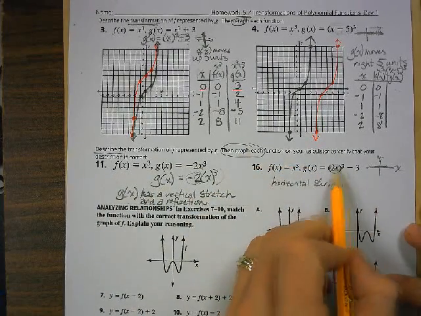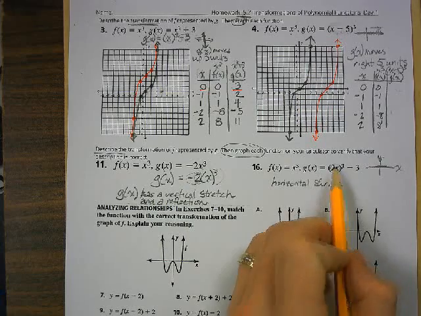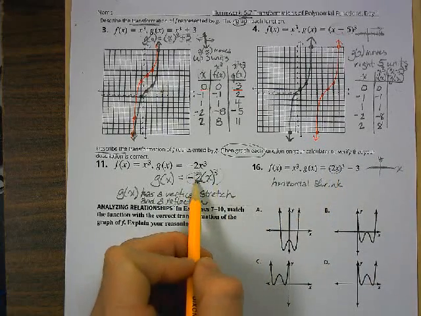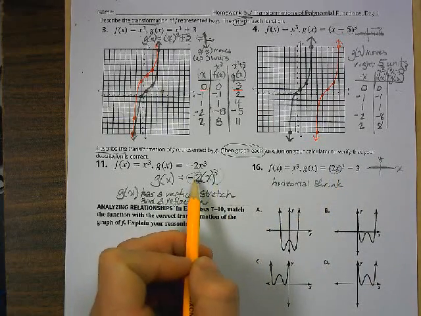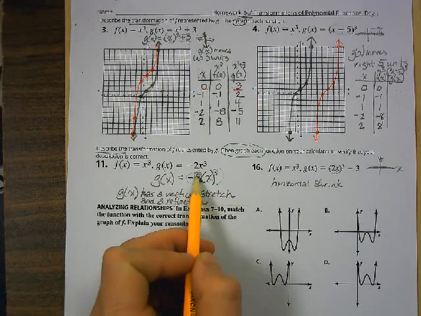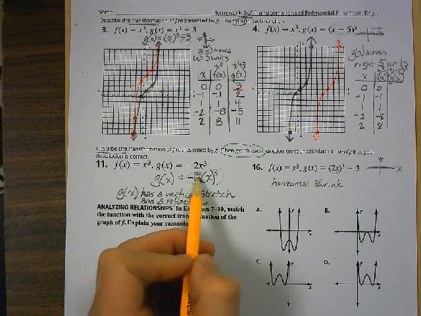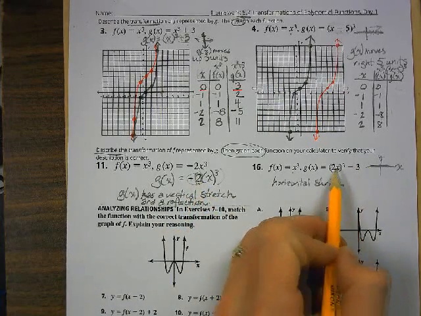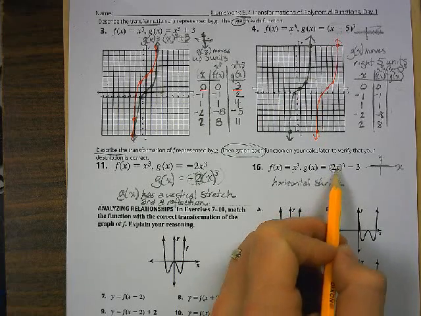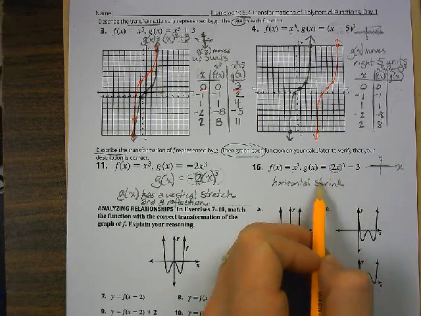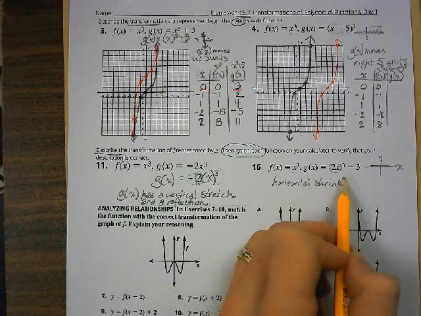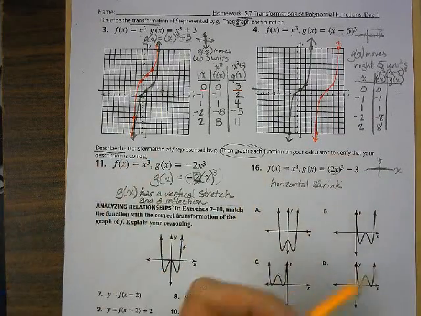So over here, it was a vertical stretch because the number was bigger than 1, and it would be a vertical shrink if it was a fraction. Here, if it's inside, it's going to be a horizontal shrink, but if it's a fraction, it will be a horizontal stretch. So it's backwards. I would recommend replaying the video a few times just to make sure you got the difference between these two.